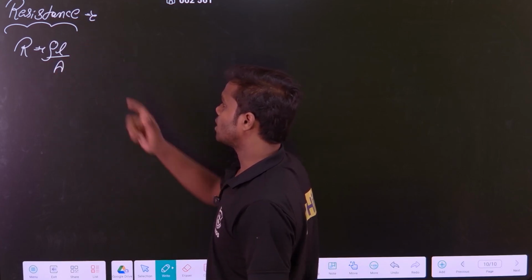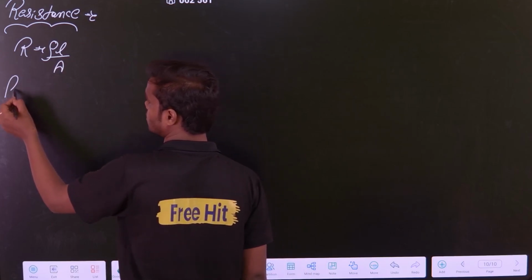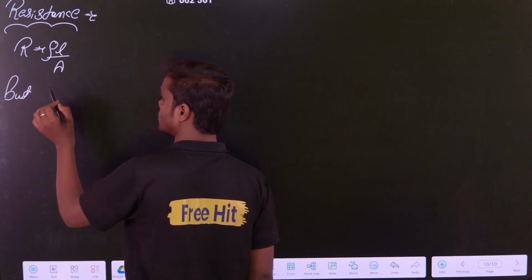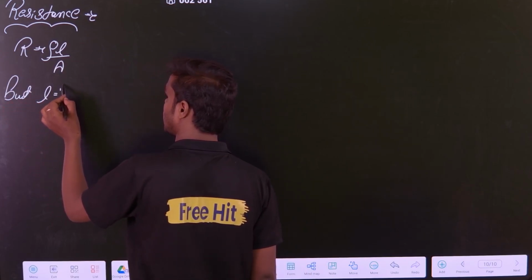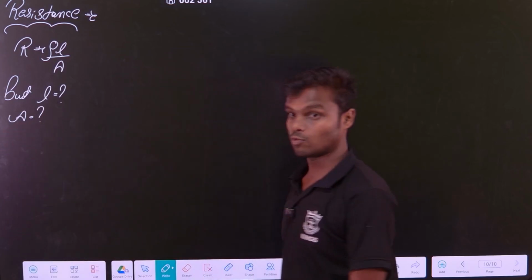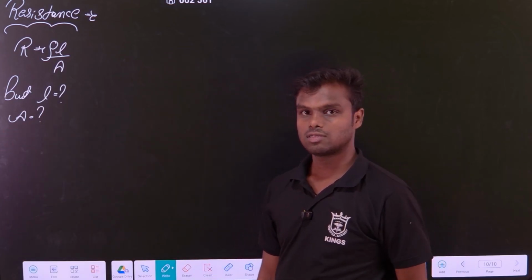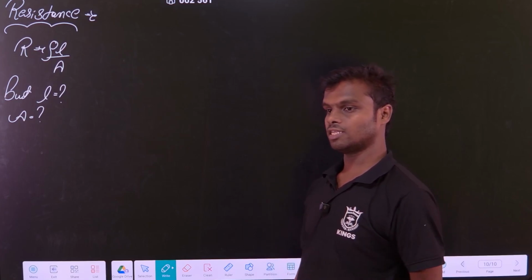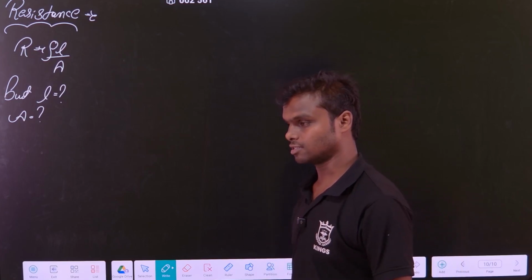So the formula is ρL/A, but my question is, what is L and what is A? Length can be anything or area can be anything. What exactly is it?